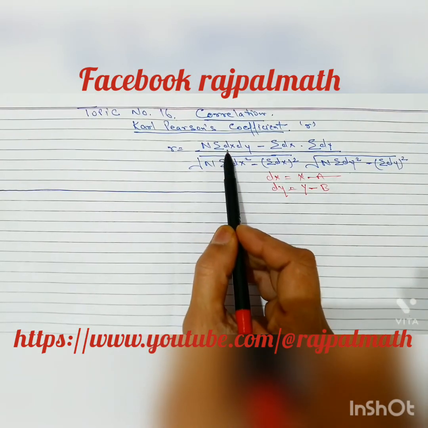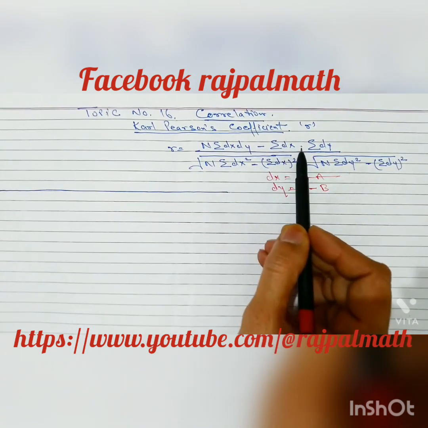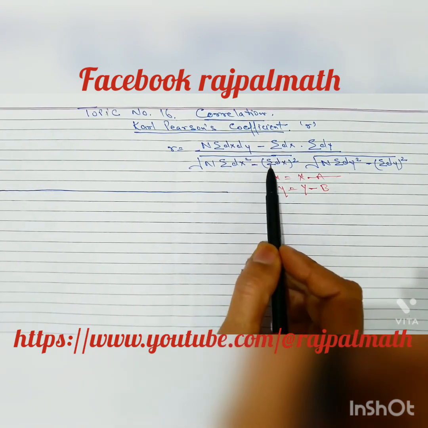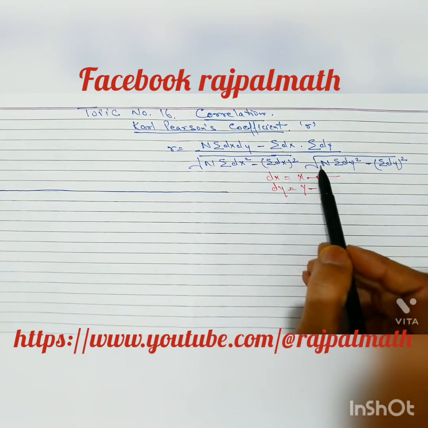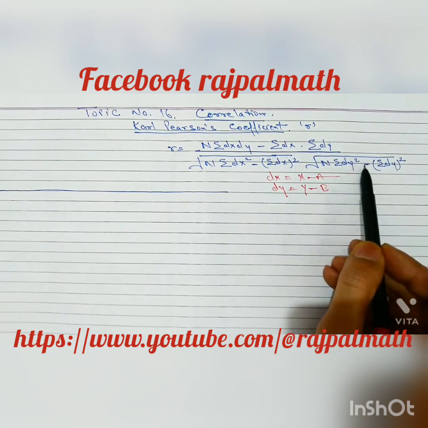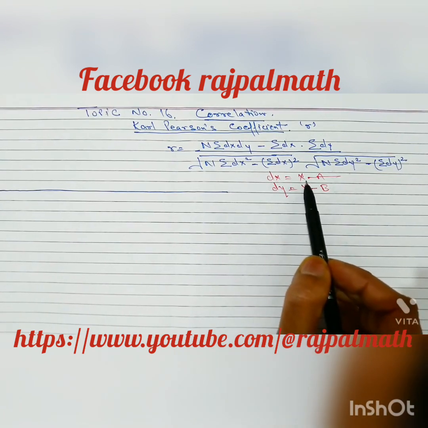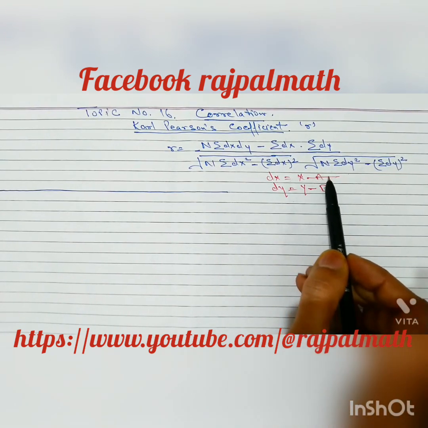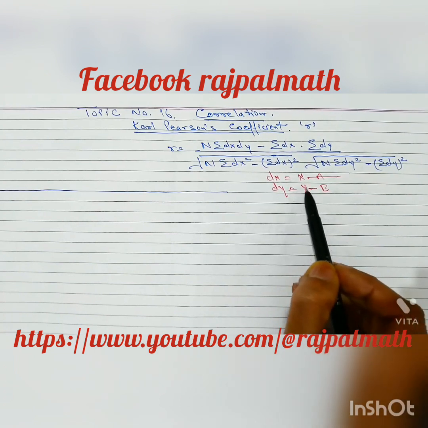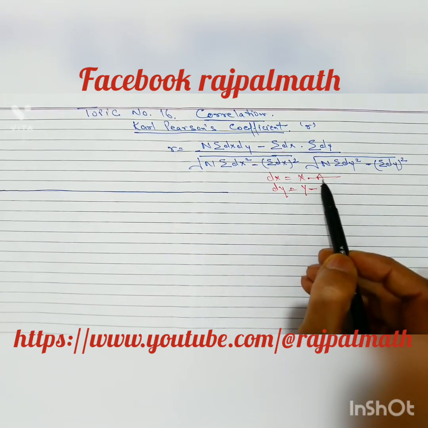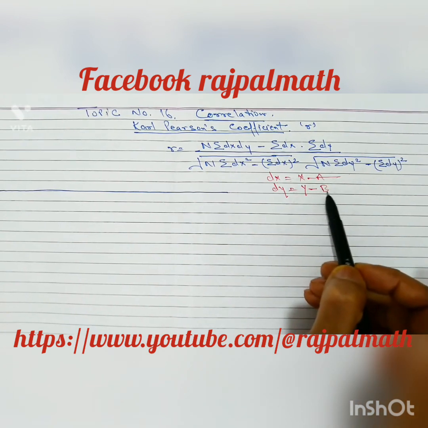r = [n Σdx dy − Σdx Σdy] / [√(n Σdx² − (Σdx)²) √(n Σdy² − (Σdy)²)], where dx is the deviation from assumed mean A and dy is the deviation of the y variable from assumed mean B. A is the assumed mean from the x series and B is the assumed mean from the y series.